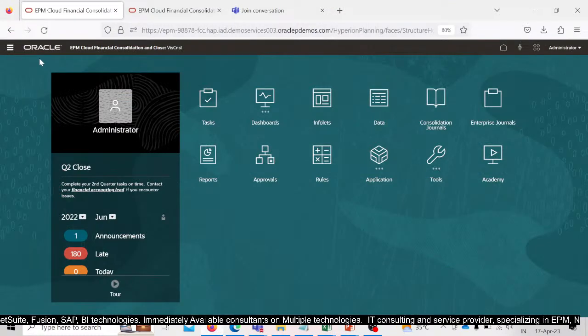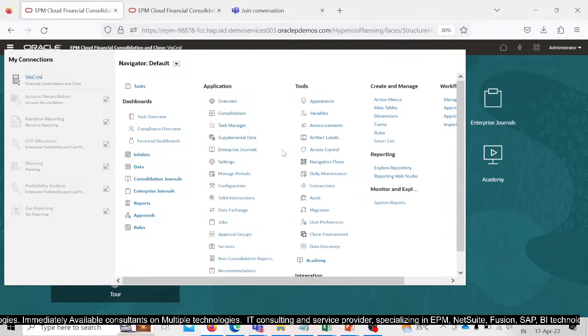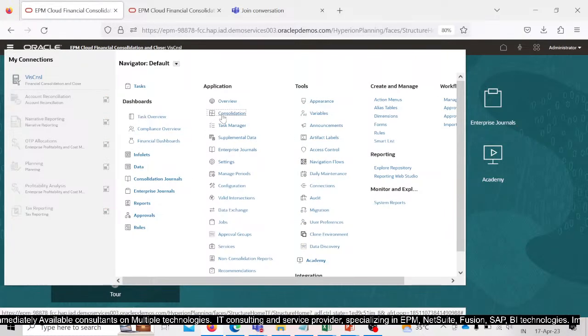Now in the application we will give the ownership and run the rule of consolidation.